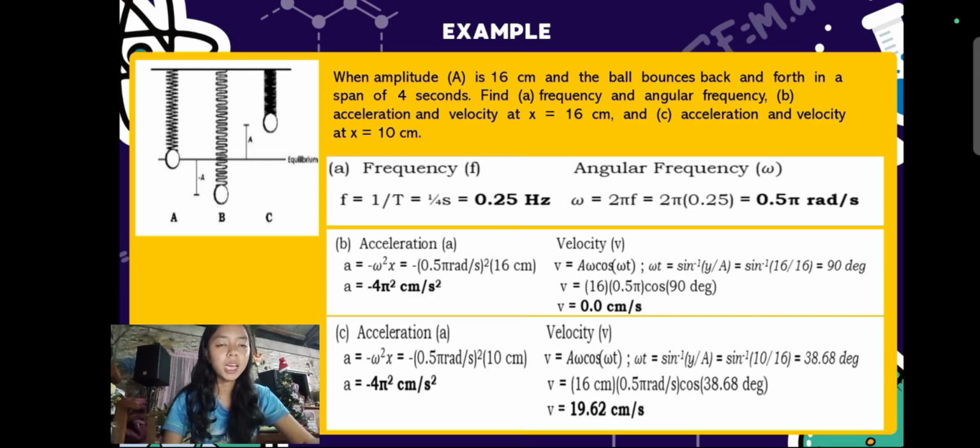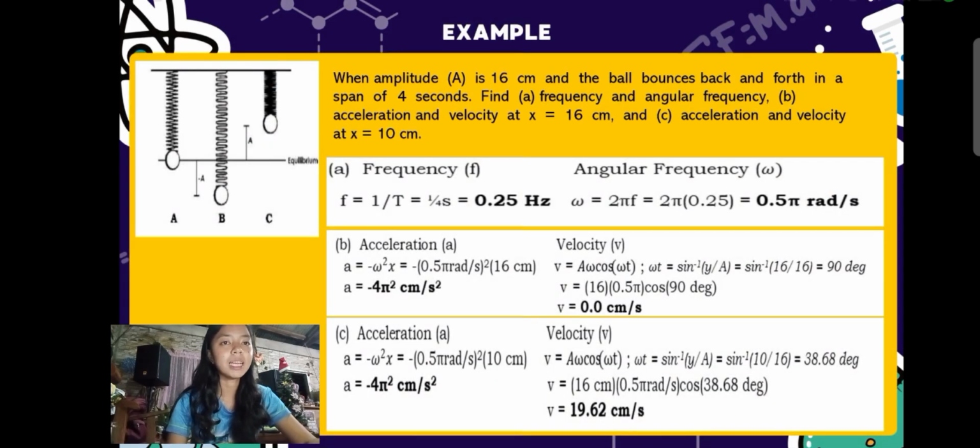Velocity is equal to A omega cos omega t, where omega t is equal to sine inverse of y over A. So sine inverse of 16 over 16 equals 90 degrees. So we use the formula V equals A omega cos omega t, V equals 16 times 0.5 pi cos 90 degrees.